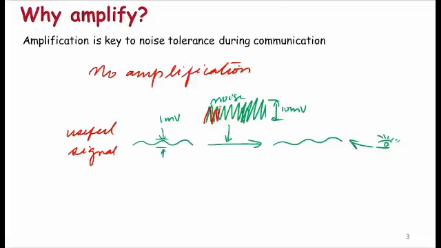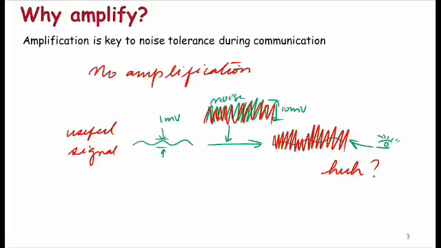So I have a noisy signal superimposed on my real signal. What I end up with might be something that looks like this. The noise has swamped my signal, so it is very hard to distinguish between the noise and the real signal. The problem is, if I'm a receiver, I don't quite understand what I have received. That is not nice at all.